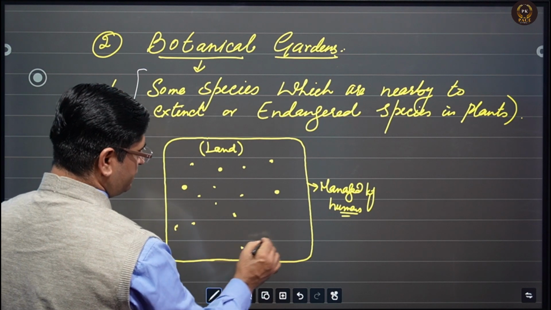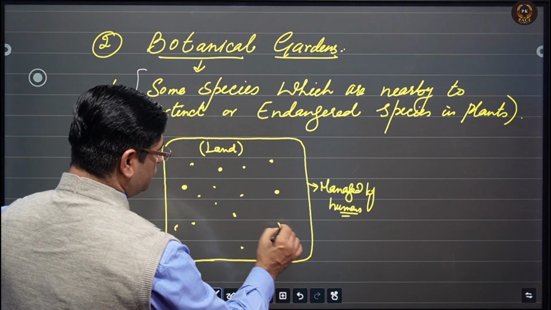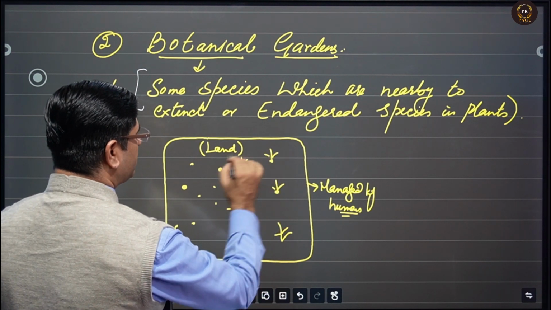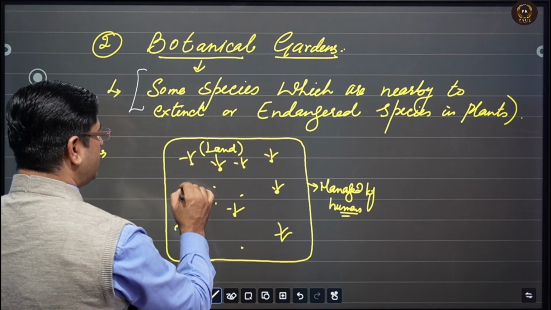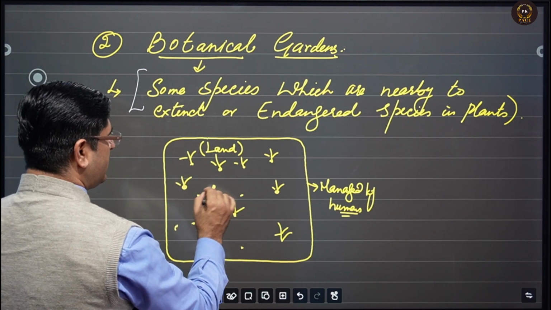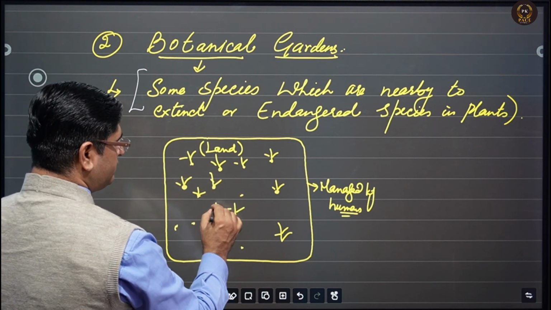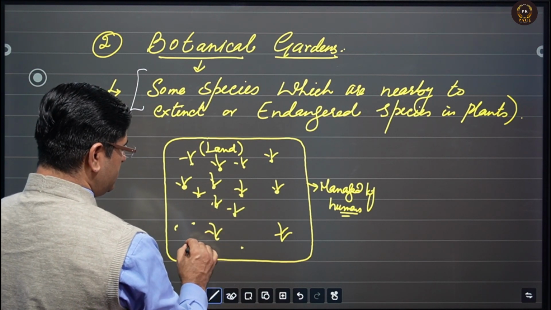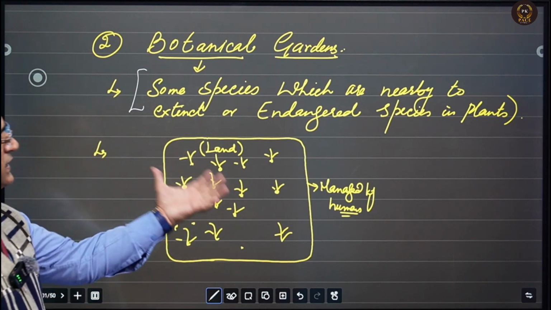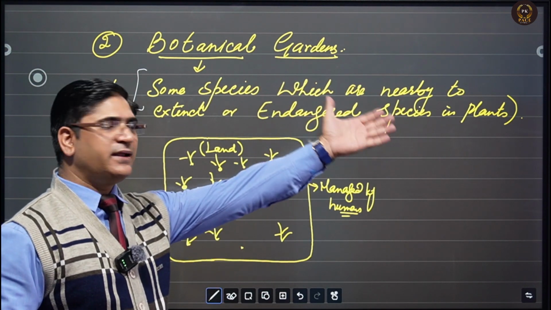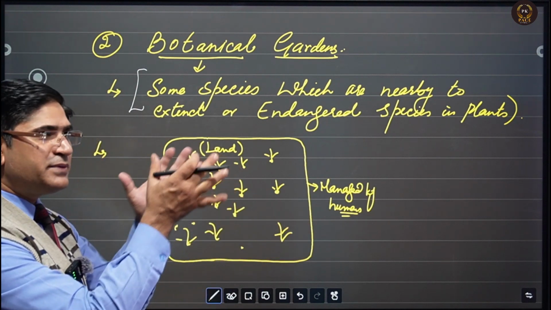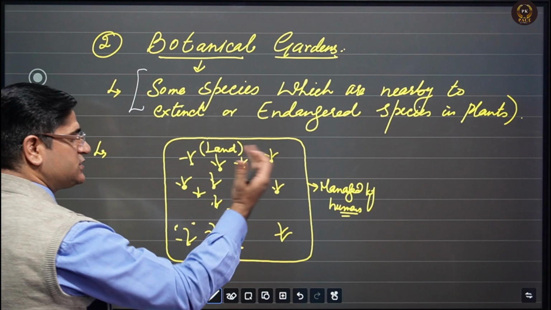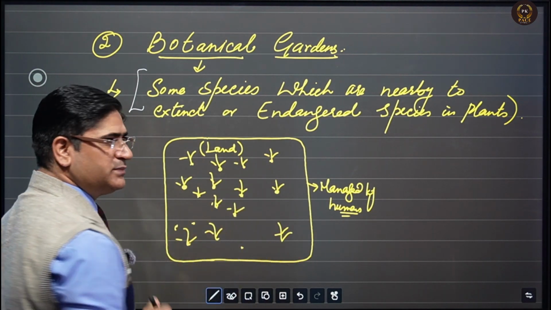Those plants are properly taken care of by humans, and they grow well. Even their production is increased. Such species which are going to be endangered or extinct are preserved and conserved, protected in this tract of land.